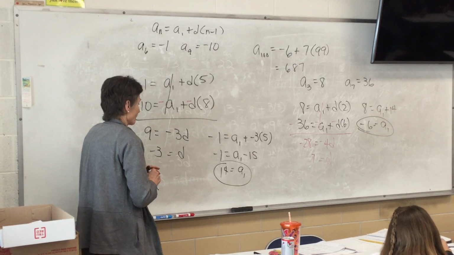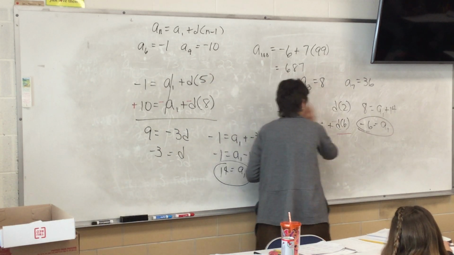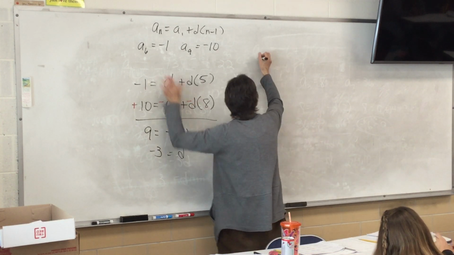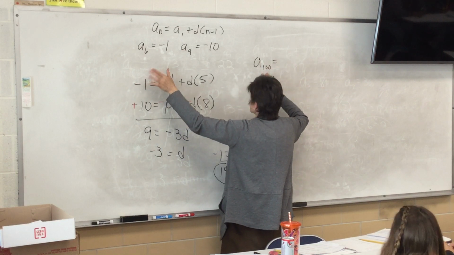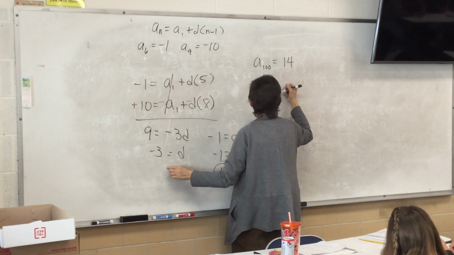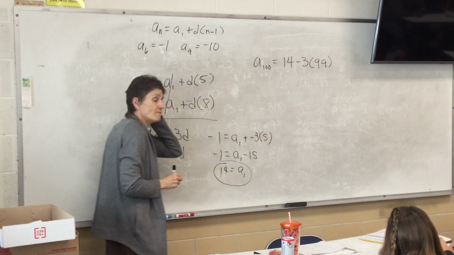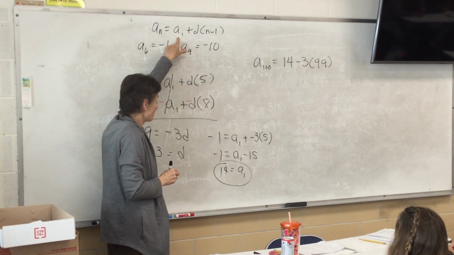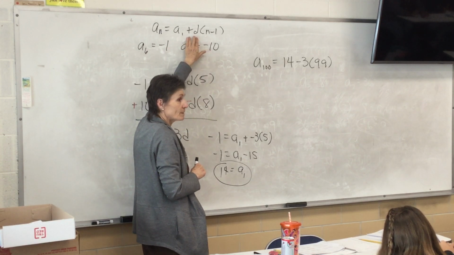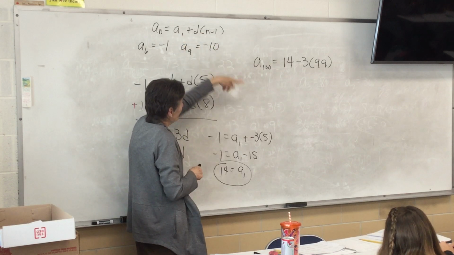All right. Now I want the 100th term, because the question asks that. So using my formula, the 100th term will be 14 minus 3 times 99. Why 14? Because that's my first term. Why minus 3? Because that's my D. And why 99?